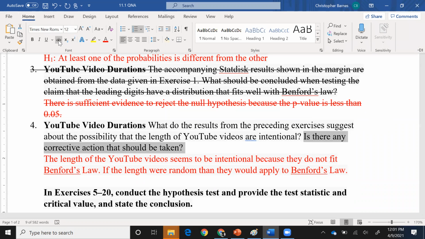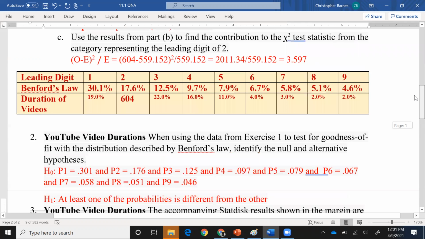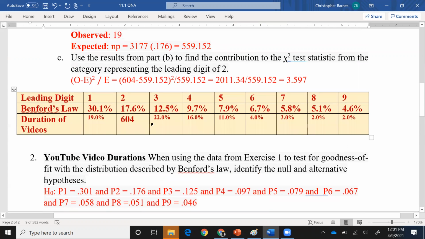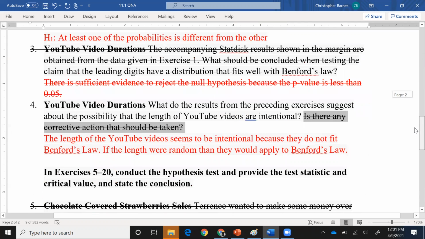But since the data that we got, and we'll see that with the chi-square that we're doing, these numbers do not match. The 19 is going up a little bit higher. The 16 and 10, 11, they're not matching Benford's law perfectly. So since they're not matching perfectly, that means that they're intentional.